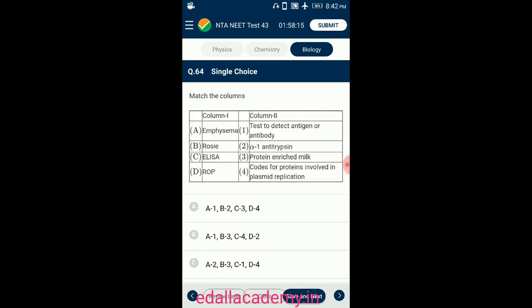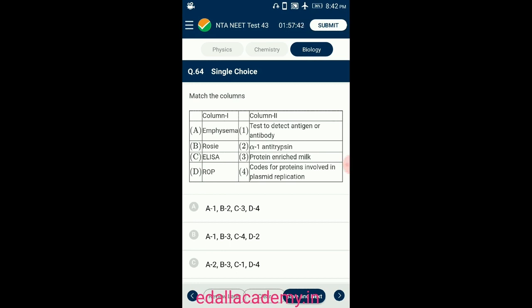Question number 64. Match column 1 with column 2. Alpha 1 antitrypsin is a genetically engineered protein obtained from transgenic animals and is used for the treatment of emphysema. In Rosie cow, the gene encoding human protein alpha lactalbumin was added.